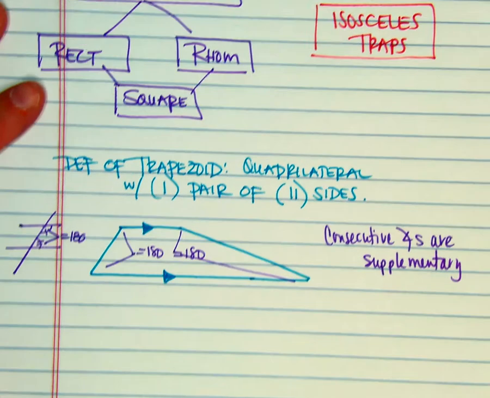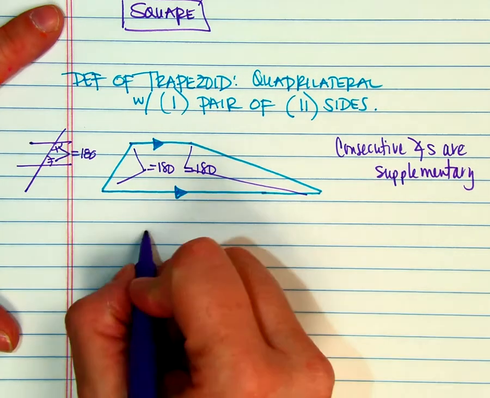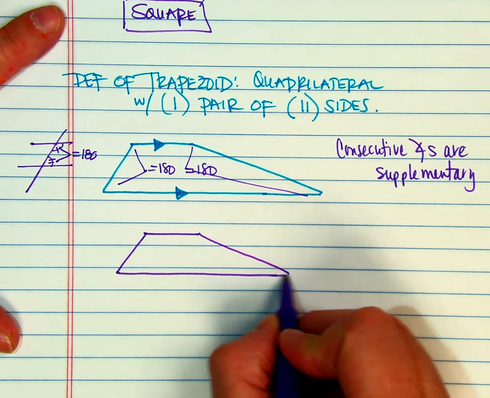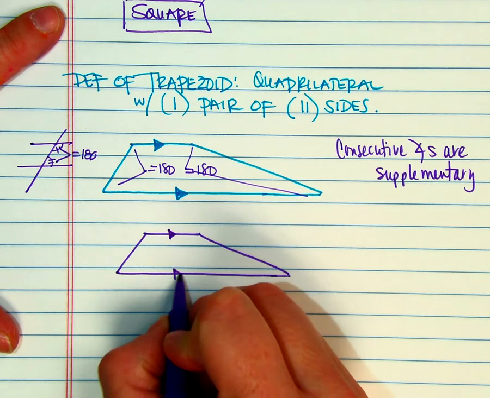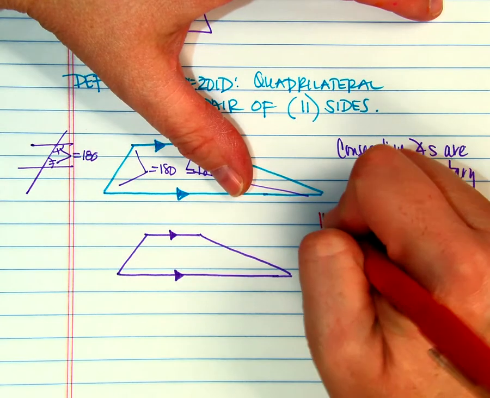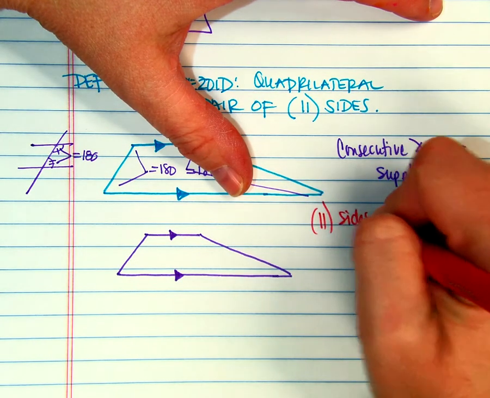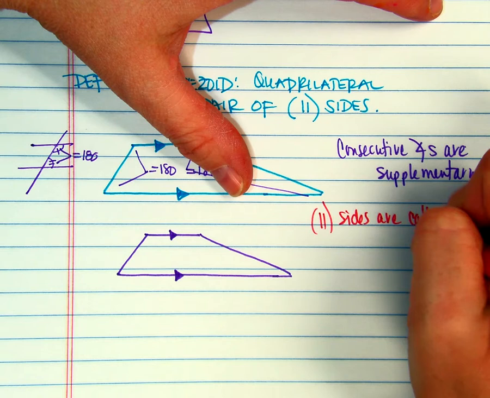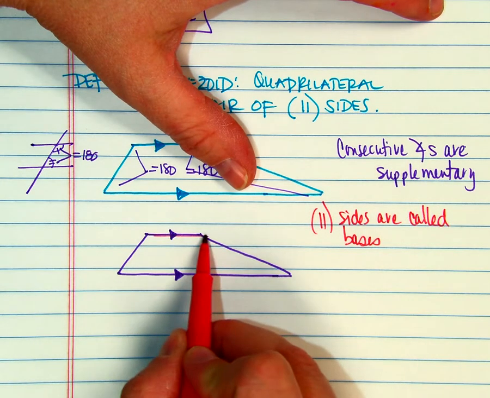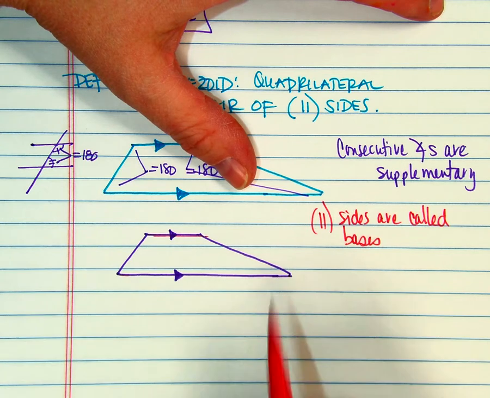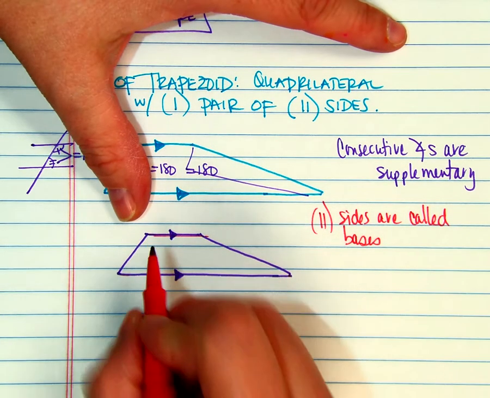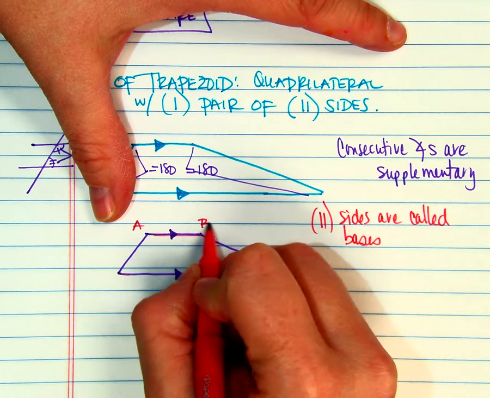Okay, also in trapezoids, I'm going to clean this up a little bit. Not only do we have parallel sides, the parallel sides are called bases. So this would be a base, and this would be a base. We also have what are called base angles.